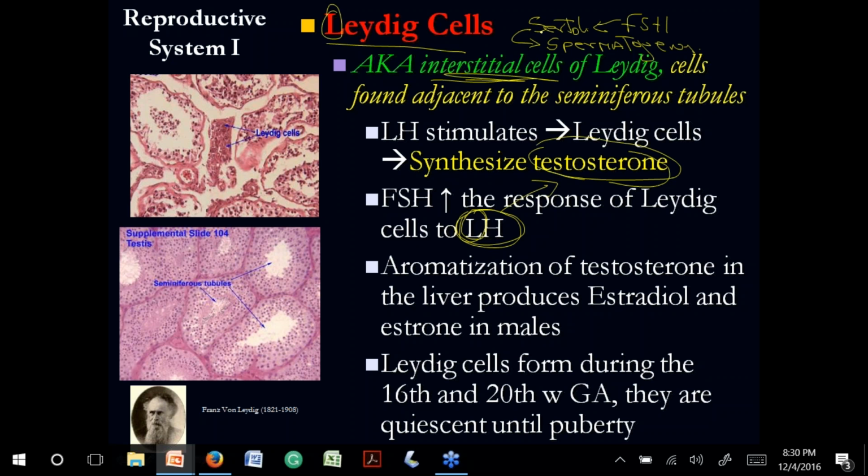Sertoli cells inside the seminiferous tubules are stimulated by the FSH, and that promotes spermatogenesis. Meantime, outside the seminiferous tubules, we have the Leydig cells, which are stimulated by LH and produce testosterone.